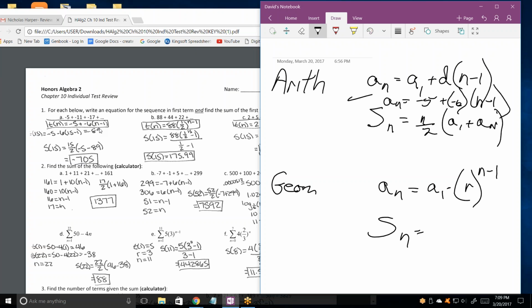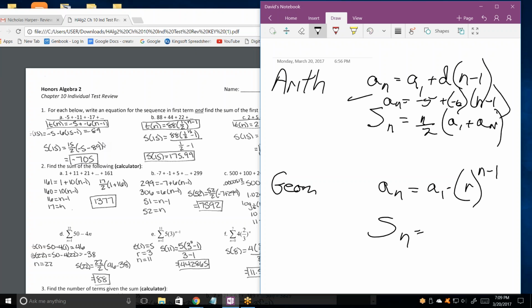So teaching it this way, I kind of like. Yeah, it does seem to make more sense. And what is the general formula for the sum of a geometric sequence?